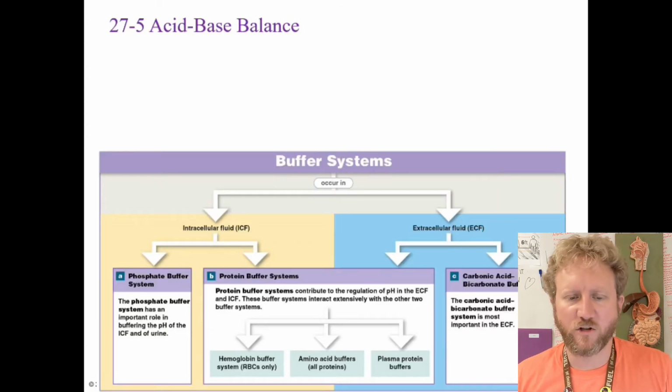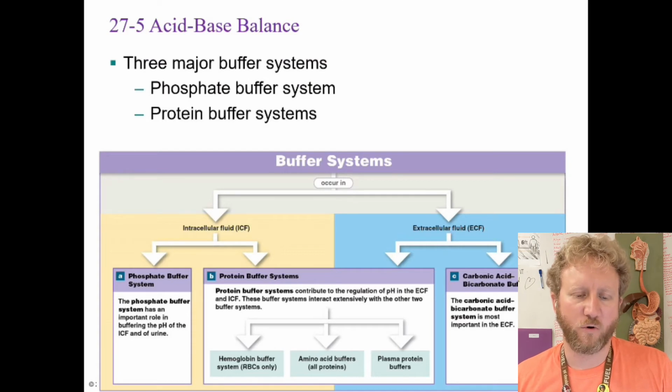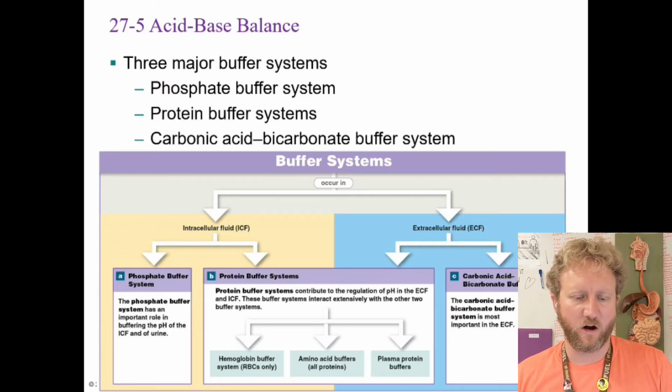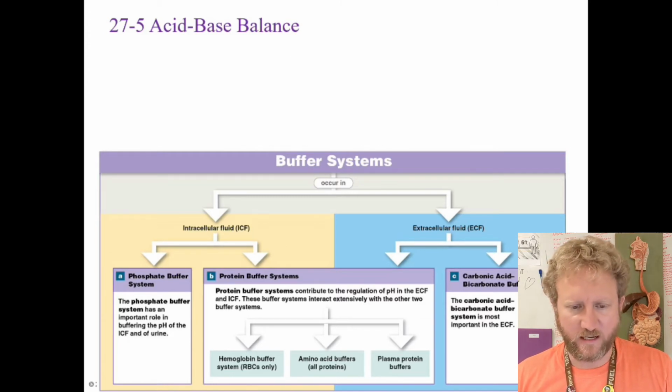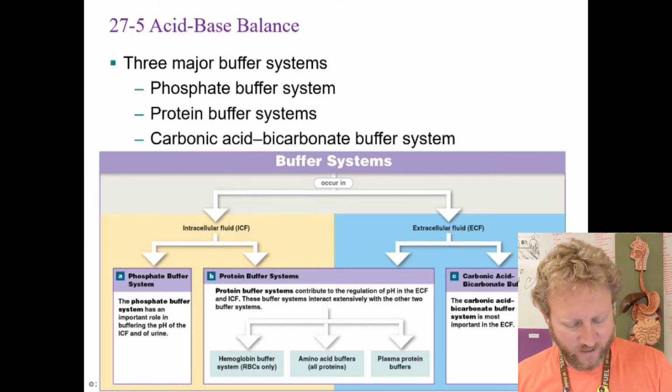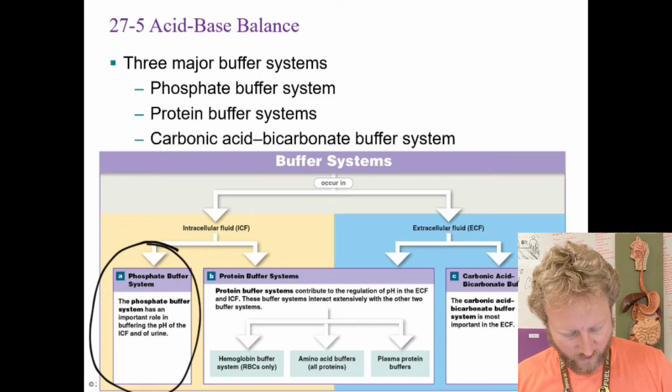There are three major buffer systems: the phosphate, the protein, and the carbonic acid bicarbonate buffer system. The first one is the phosphate buffer system, which is this one right here.